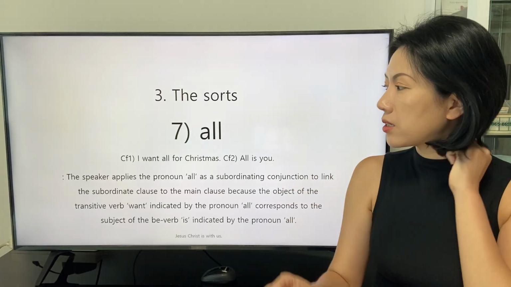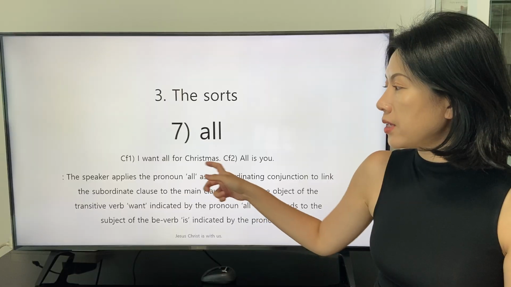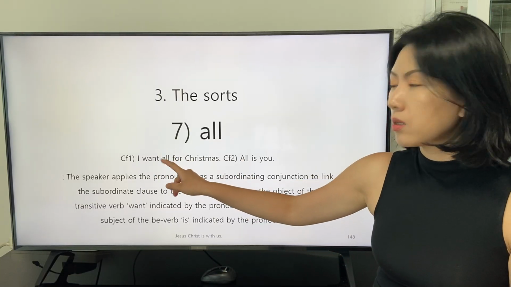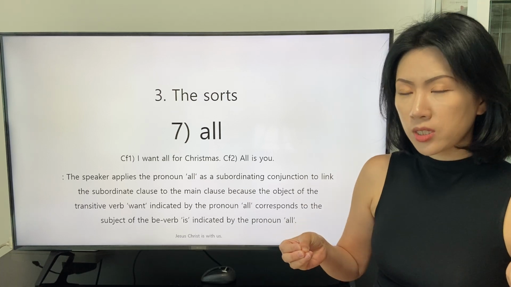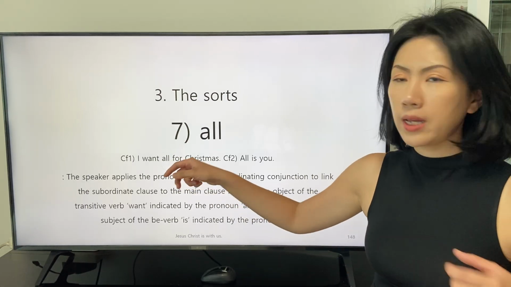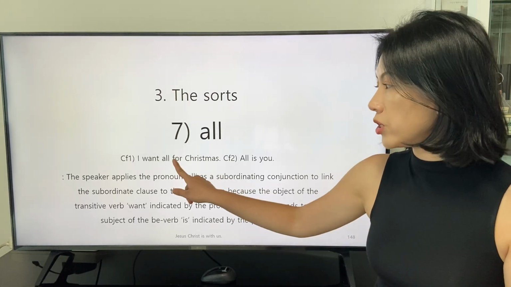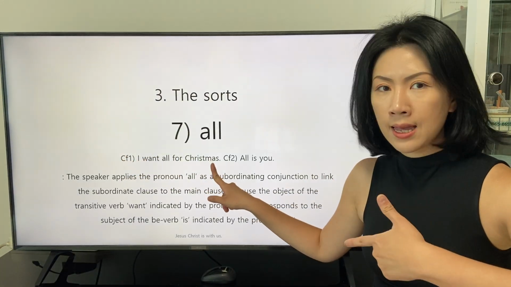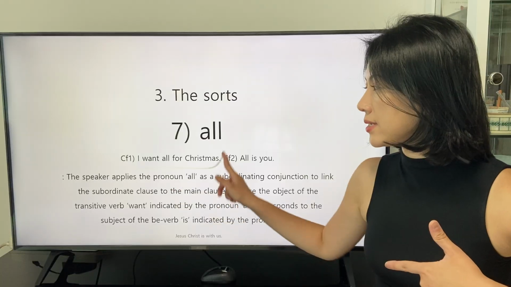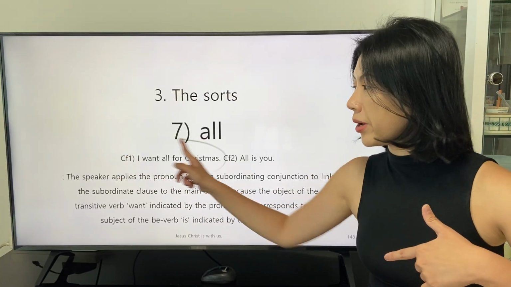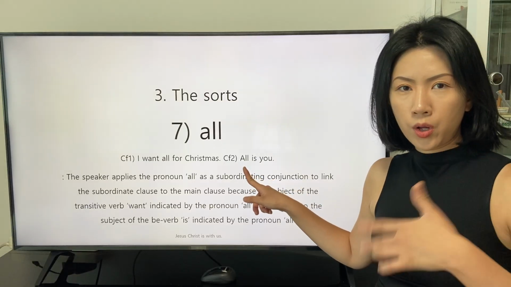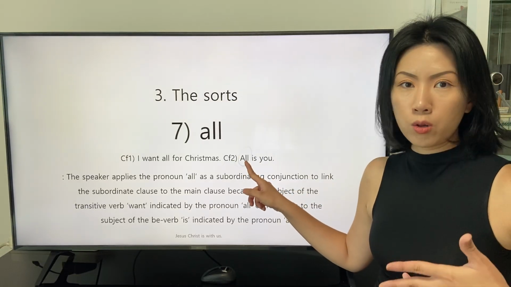We can also check the procedure by which the speaker links the subordinate clause to the main clause. The speaker positions the pronoun all as the subordinating conjunction to lead the entire subordinate clause, and the speaker replaces the whole part of the subject all in the main clause.